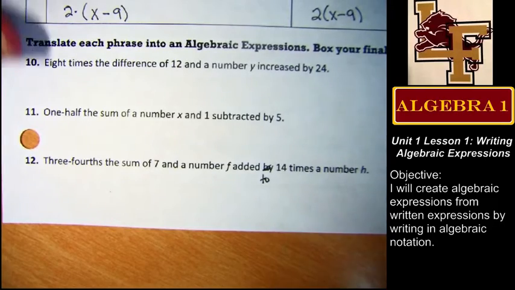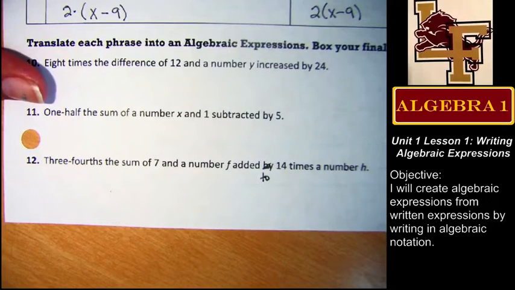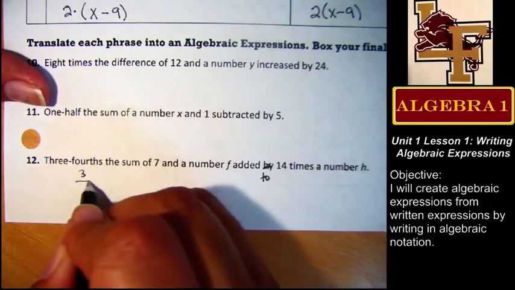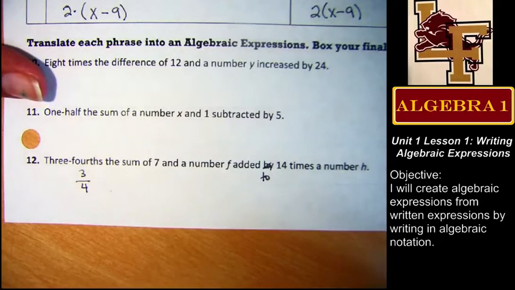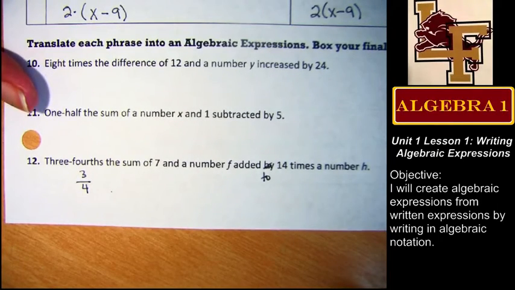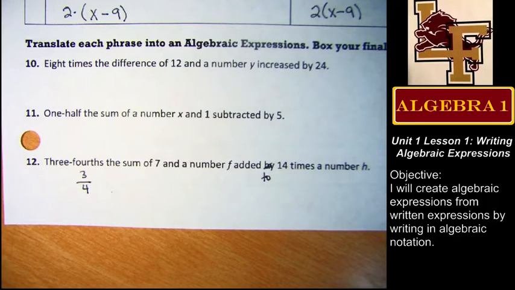All right, how do I write 3/4? 3 over 4, 3 divided by 4. Perfect. What should I write after that? I got to do a sum. I got to do a plus.